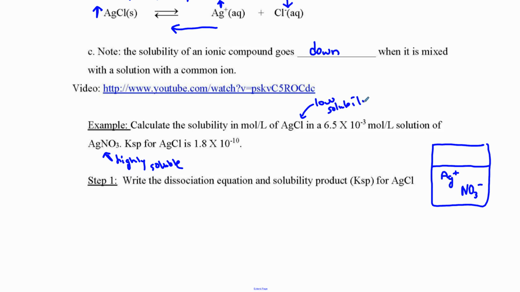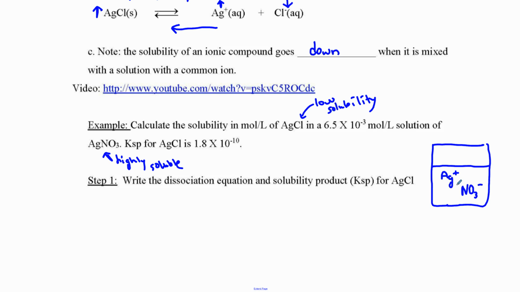So it's the one that's going to form a precipitate at the bottom. Okay, so here's the solution, and we're told that this solution of silver nitrate has this concentration.